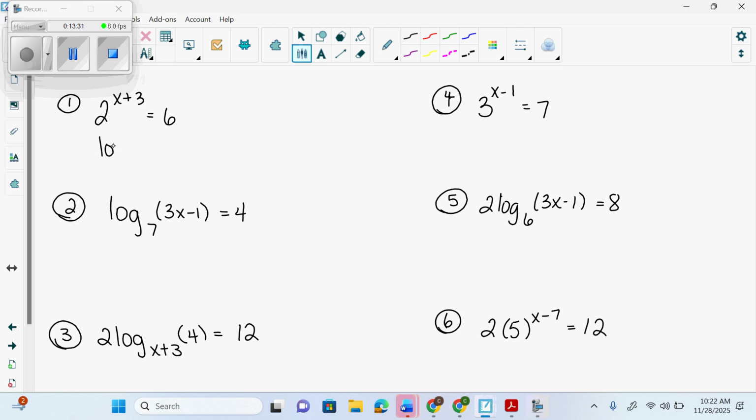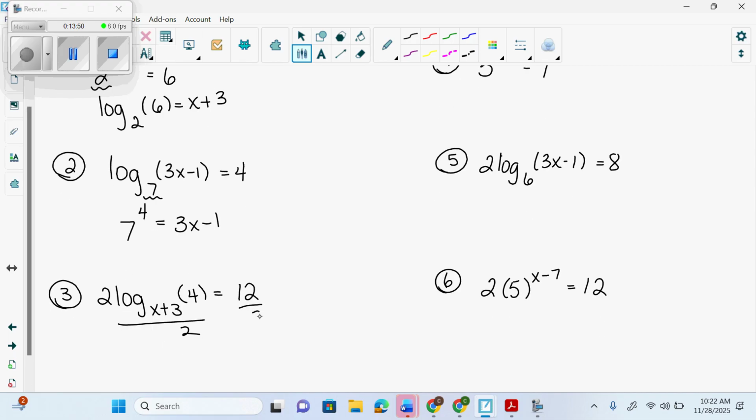Log base what? 2. What goes beside it? 6 equals x plus 3. This one, the base of my log becomes the base of my exponent. What's my exponent? 4. It equals 3x minus 1. This one I have to divide by 2 first. So this can become a 6.